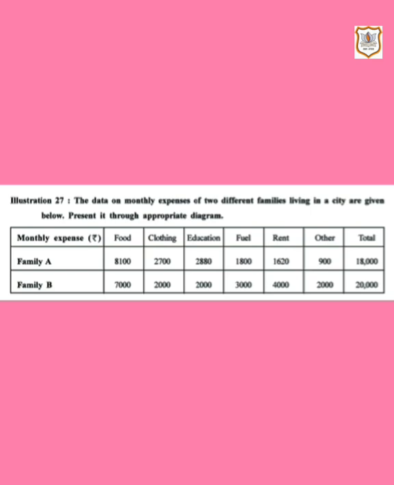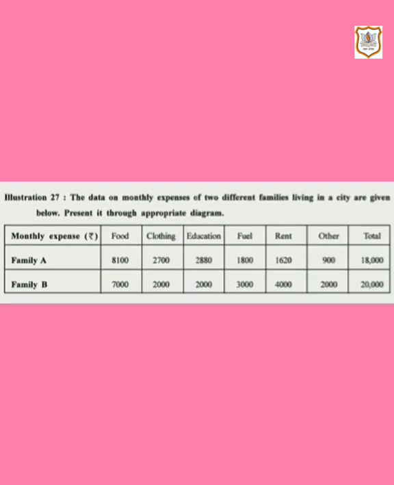The total expense of family A is 18,000. Family B has 7,000 on food, 2,000 on clothing, 2,000 on education, 3,000 on fuel, 4,000 on rent, and 2,000 on other expense. The total expense of family B is 20,000.